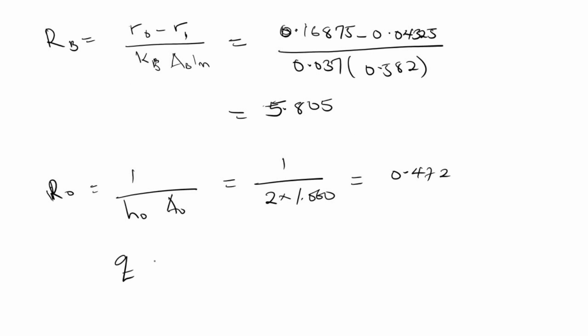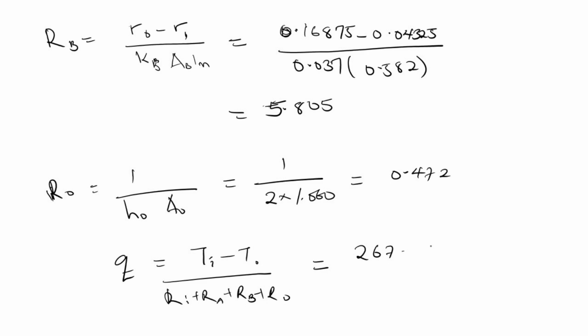So all in all, the Q that I'm asked to calculate is equal to T inside minus T outside all over the sum of the resistances, that of Ri plus Ra plus Rb plus that of outside. Temperature inside I've been given from the question as 267, minus this also from the question, 80, all divided by all these resistances that I calculated.